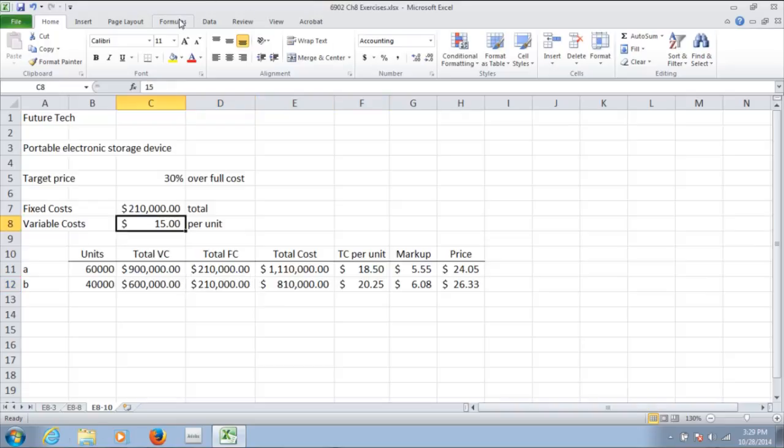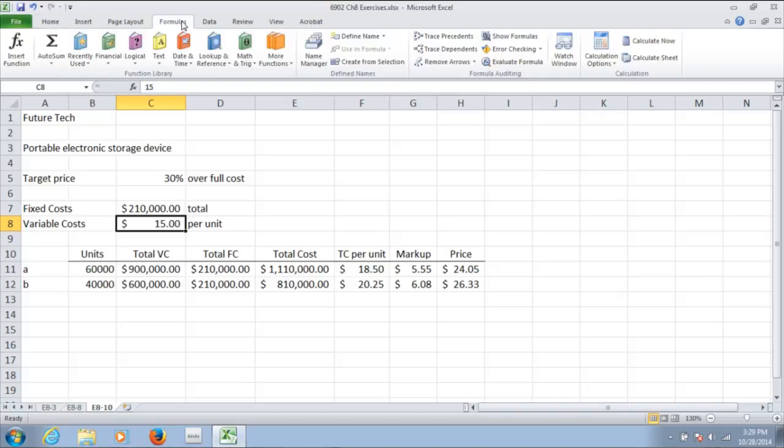As we look at our formulas and trace the dependence here, we see that the arrow goes to both 900,000 and 600,000. So this variable cost per unit, $15, is included in this per unit calculation here.